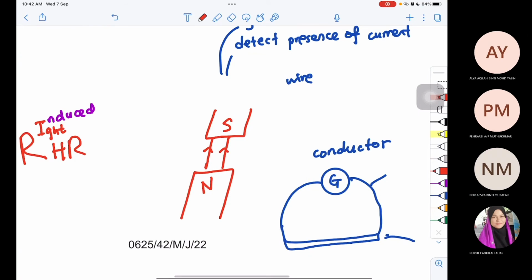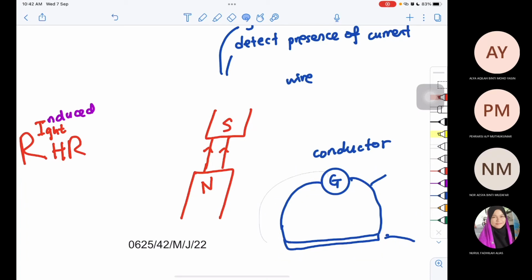Betul tak? Betul. Alright, so now kalau without disturbance, maksudnya without anything cutting the magnetic lines ni. So now nothing is cutting it. Dia macam tu sahaja, betul? No change, no cutting.